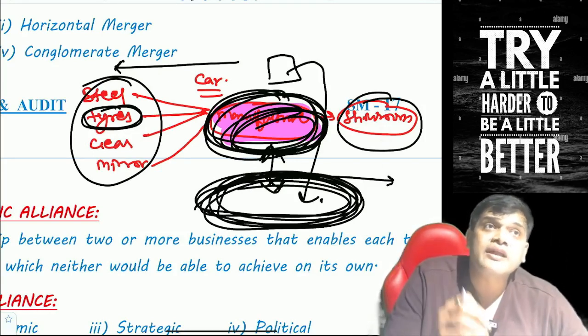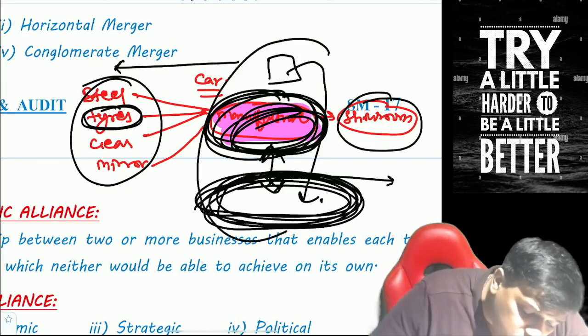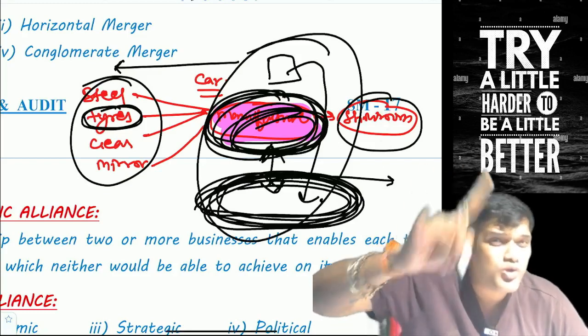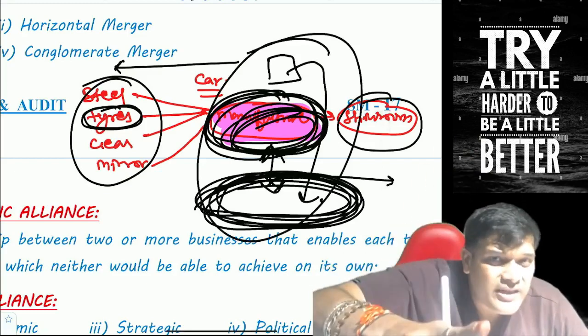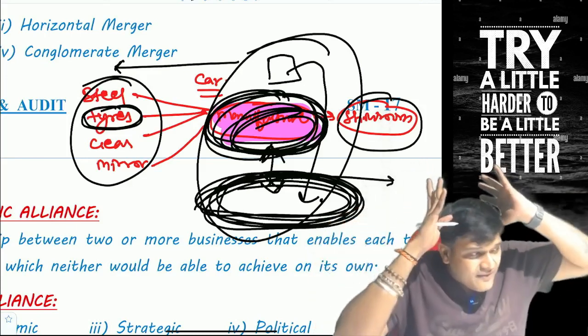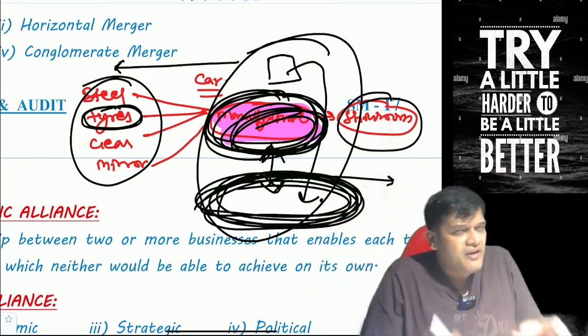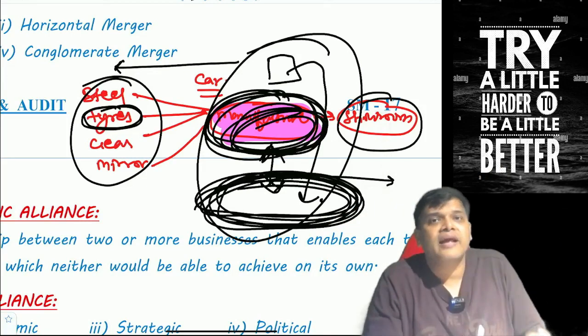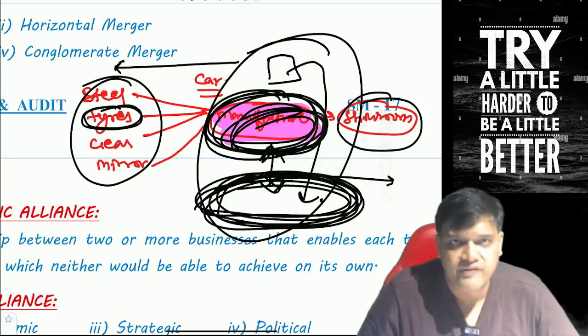But if I am starting something related to this process, not the same process, but related to that process, that marketing, that technology, then it is a concentric diversification.